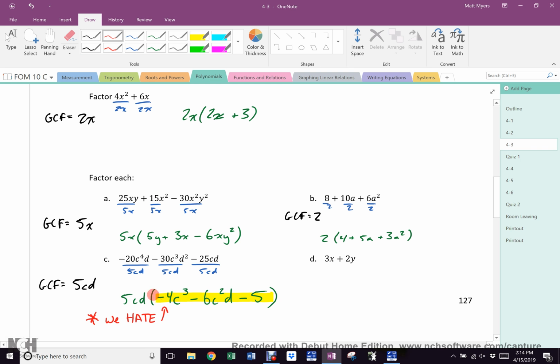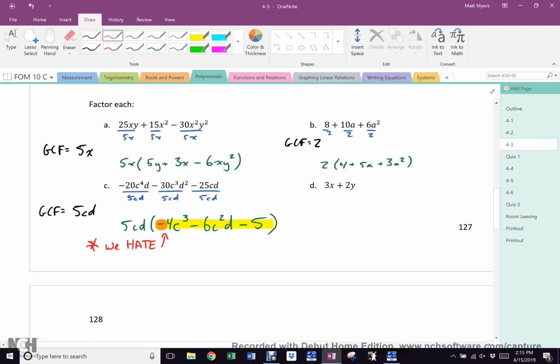We hate a negative at the beginning of a bracket. So what we like to do is bring out that negative as well. So this would really become negative 5CD, and what would this be? 4C cubed, and what would this be?